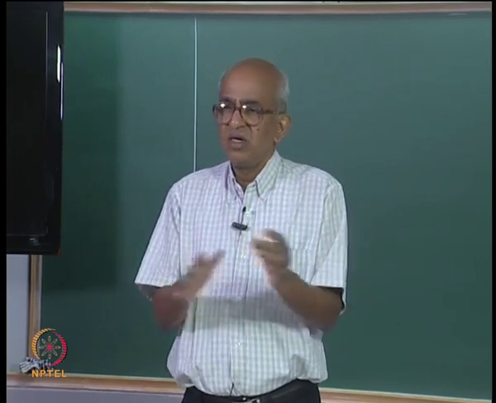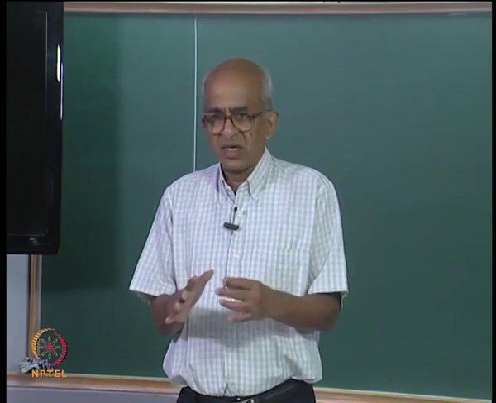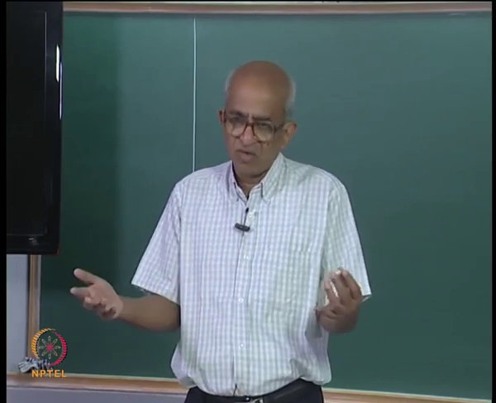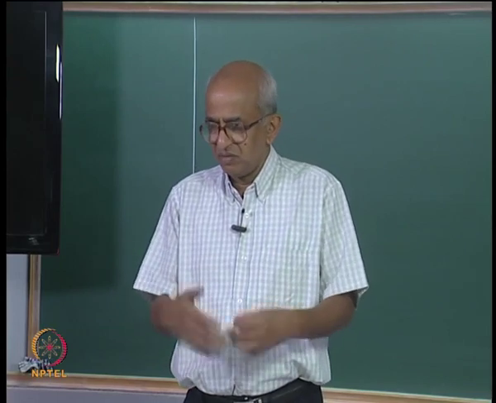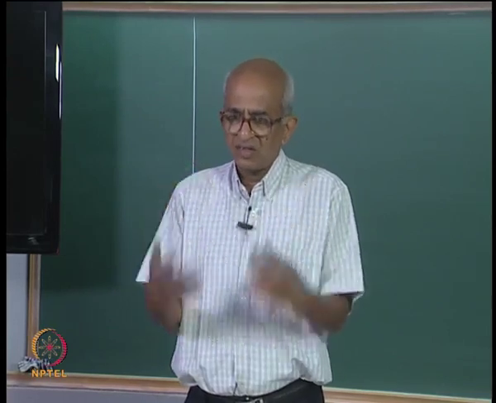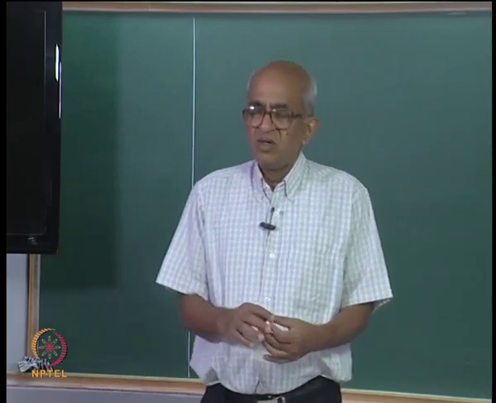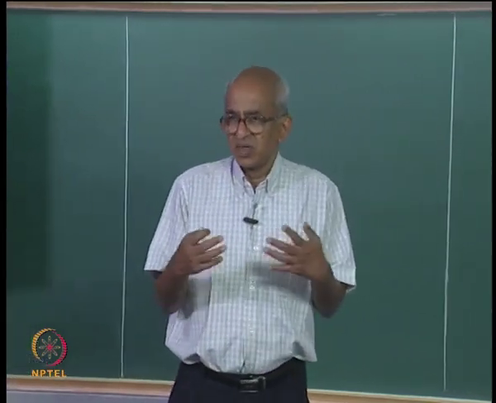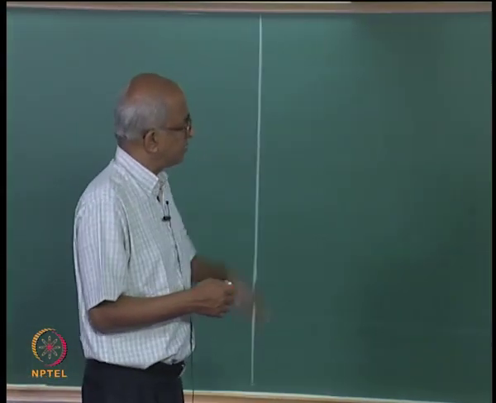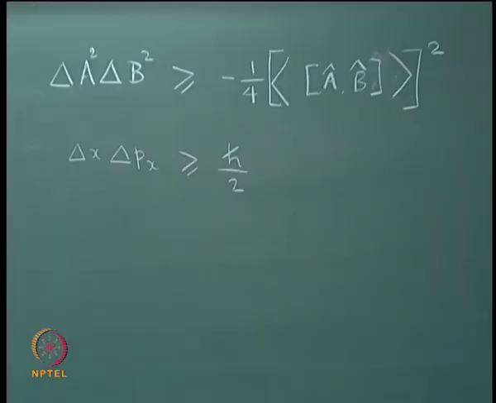So, there is no uncertainty according to classical mechanics either in position or momentum. You can define both at the same time to any precision that you want, but that is not what quantum mechanics says.